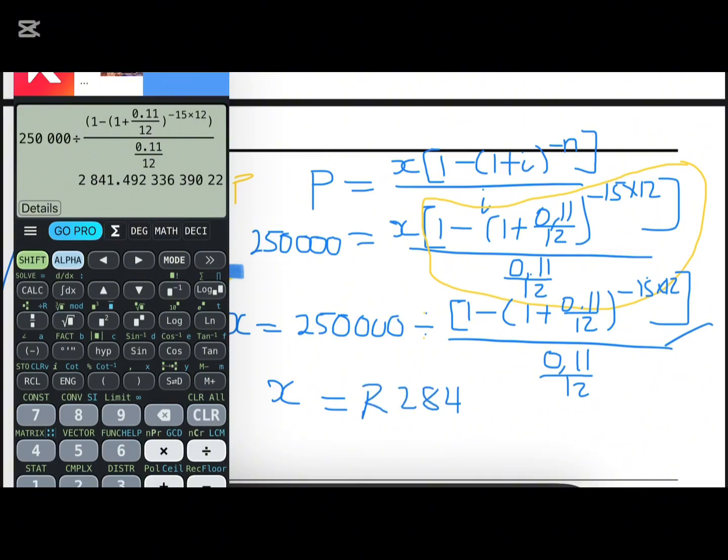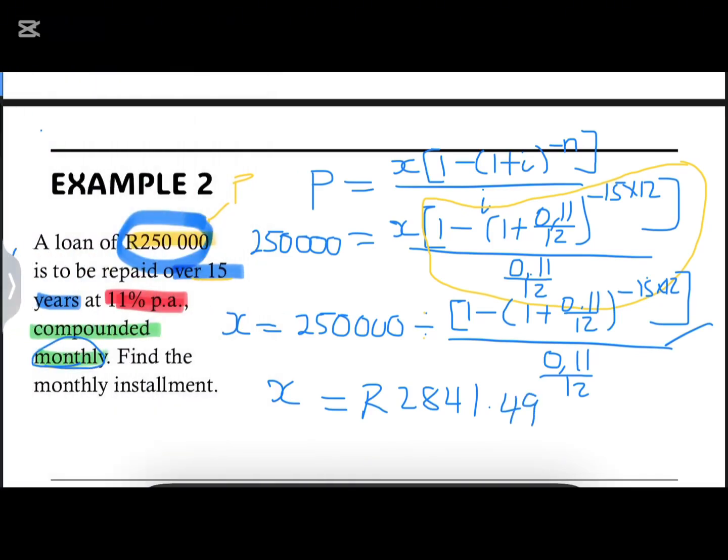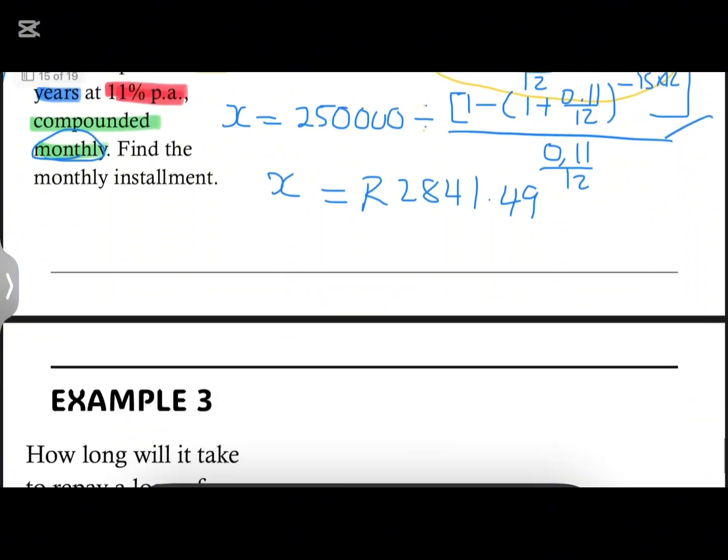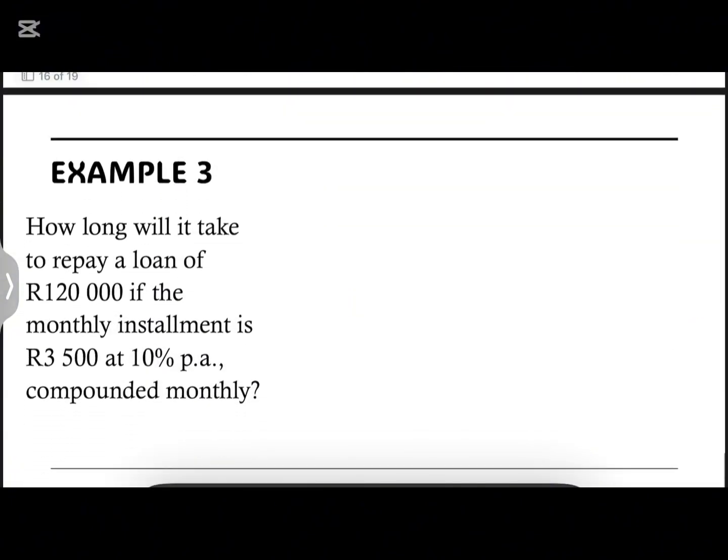So now the monthly installment, that will be 2,841.49 cents. That will be his monthly installment.